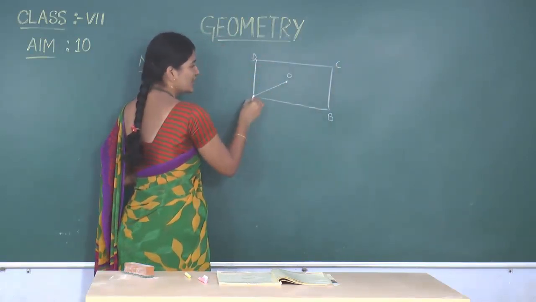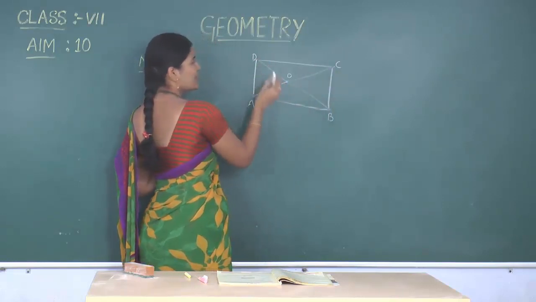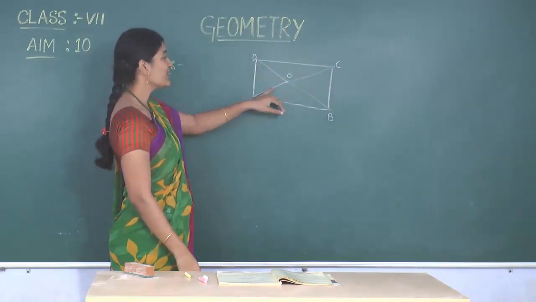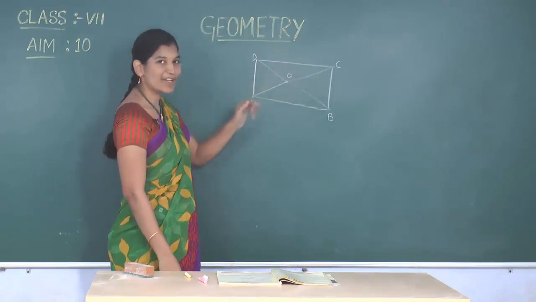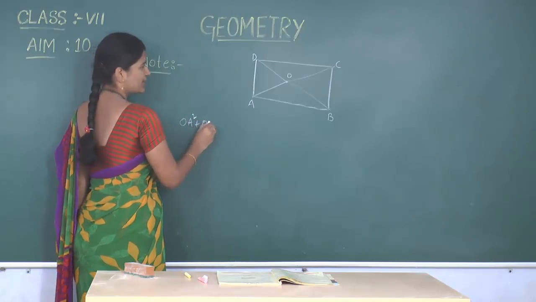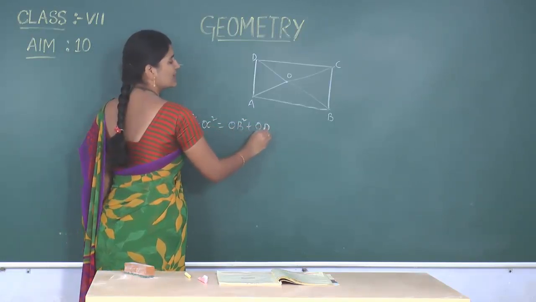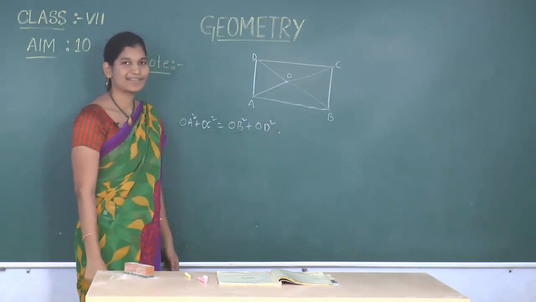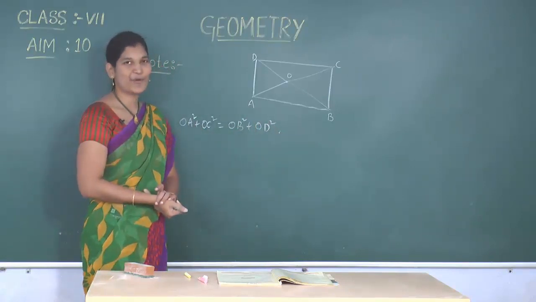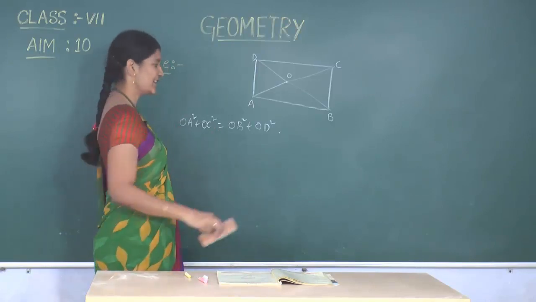Now join OA, OB, OC and OD. The relation between OA, OB, OC, OD is like this: OA square plus OC square is equal to OB square plus OD square. This is also one of the important properties. And now I am going to take again one rectangle.